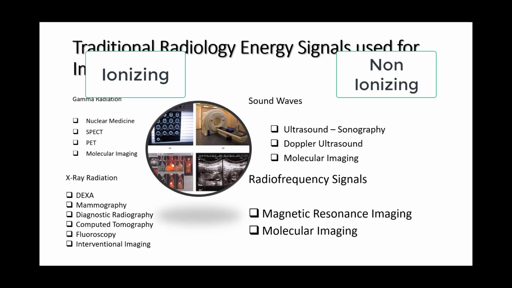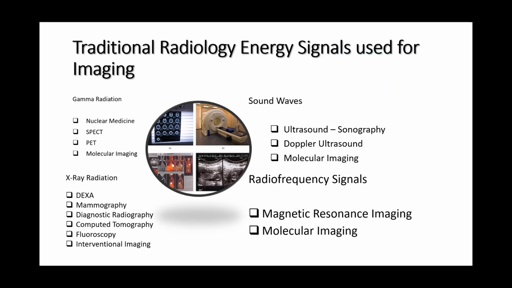The difference being that non-ionizing radiation is of lower intensity and does not affect the tissues other than heating, whereas ionizing radiation can actually affect the cells and the DNA in the tissue, creating biological damage.